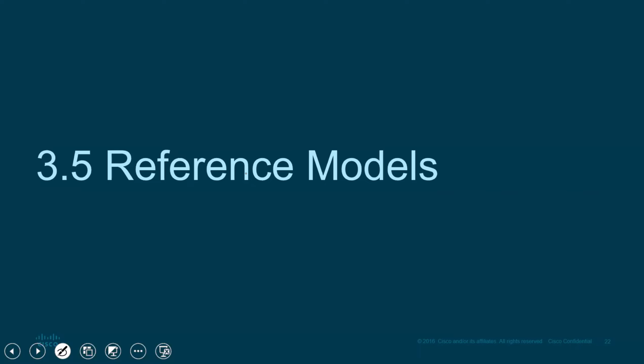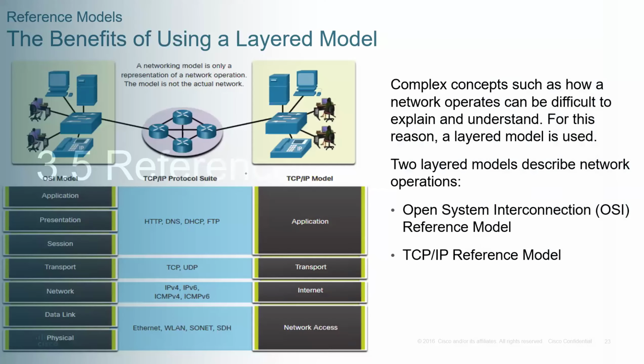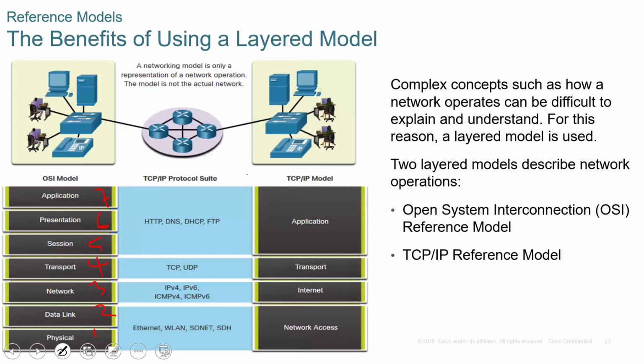Okay, so like we said earlier, the OSI model has 7 layers, and these layers have a relationship with the TCP/IP layers, which are 4: 1, 2, 3, and 4.